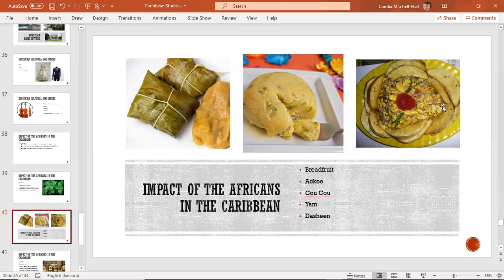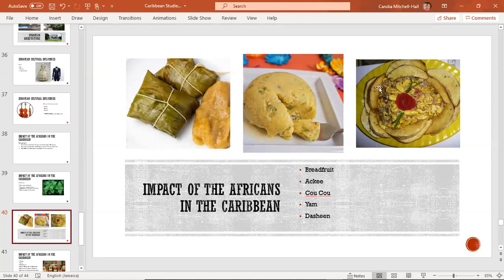So the breadfruit, I would surely eat this for breakfast. After this class, I should go down to Apple Tree to see if anybody has breadfruit and saltfish. Island Grill maybe could have it. I'm not so sure. They usually have ackee in Juicy Patties. So after class, ladies, if you want ackee and saltfish, you can go down to Juicy Patties.